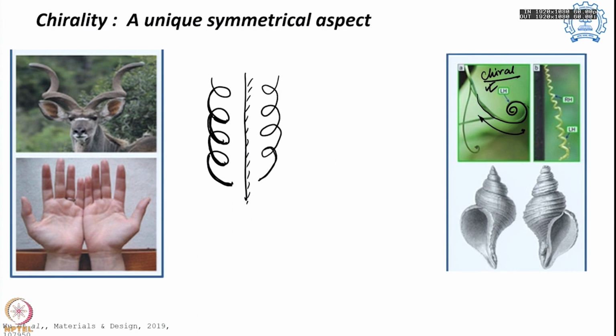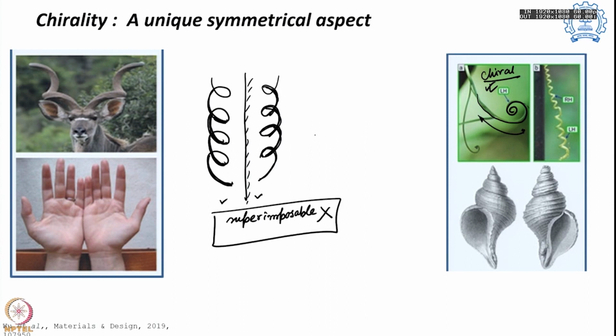That is how it is going to look. And you can see over here, this is a mirror image, but they are not superimposable. So, that is why this kind of system also remains chiral in nature.